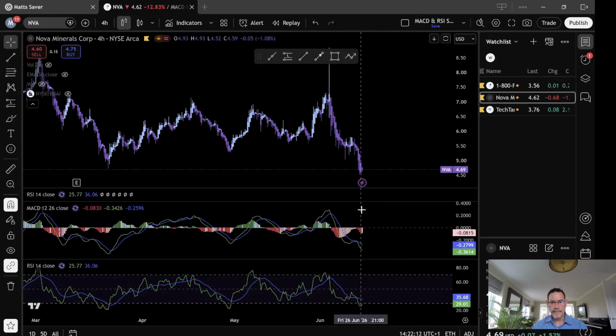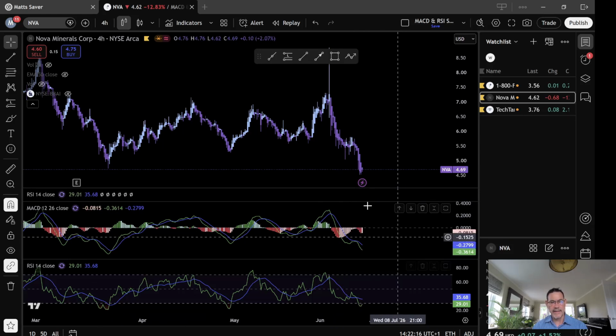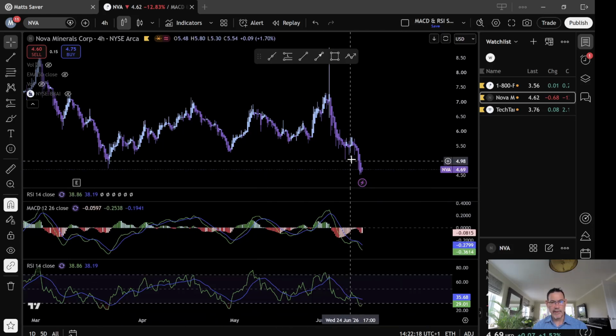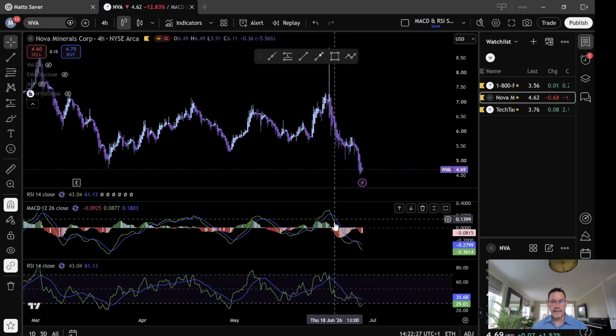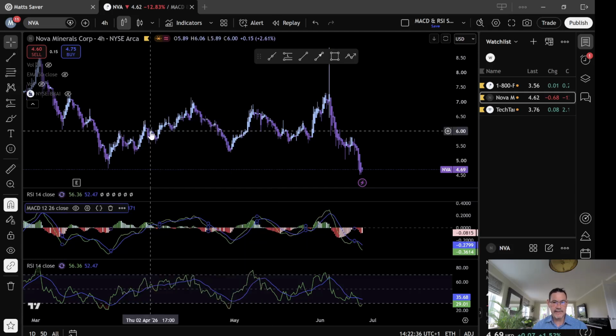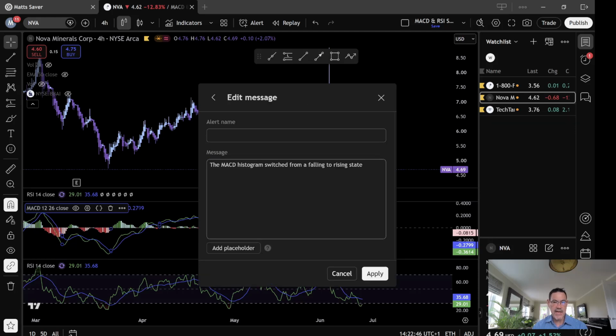For this one, the momentum according to the MACD is still going down, so although we might expect the upturn to come, I will put a notification on this. For any beginners out there, the way you do that is you add an alert, falling to rising, and then I put the message on, which is NVA.